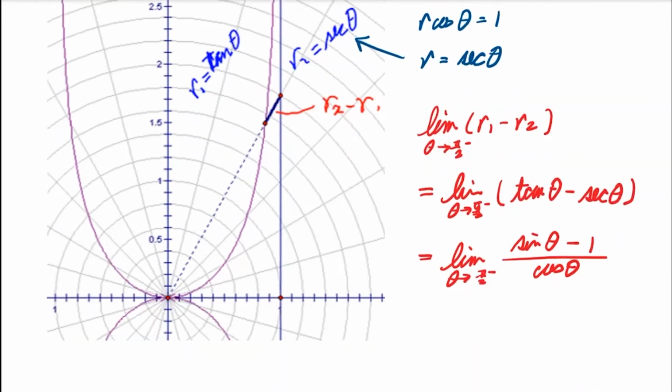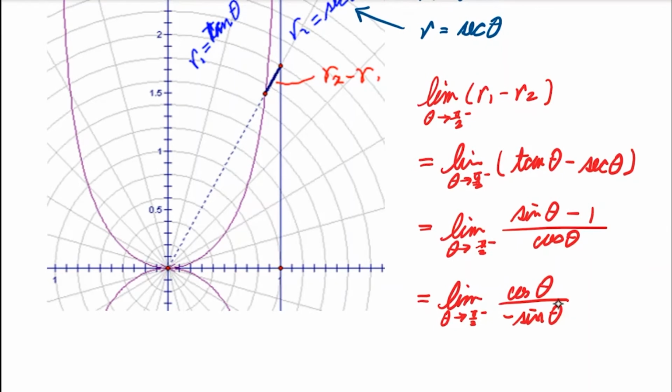Now, let's check. At pi/2, this is 1 minus 1, 0, and cosine pi/2 is 0, so we have 0 over 0, so we can L'Hopitalise now, right? So this is the same as theta approaching pi/2, and the derivative becomes cosine theta over negative sine theta. So far so good?